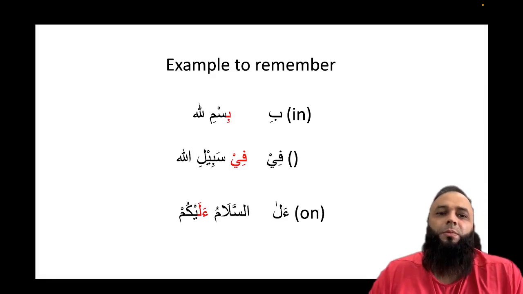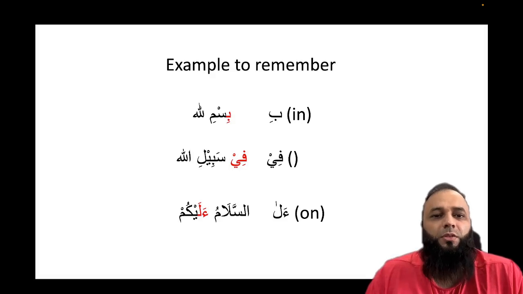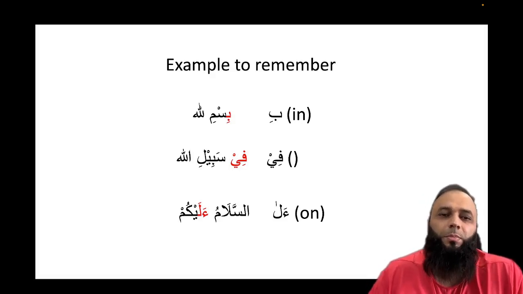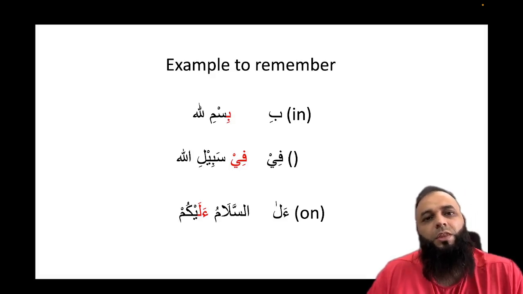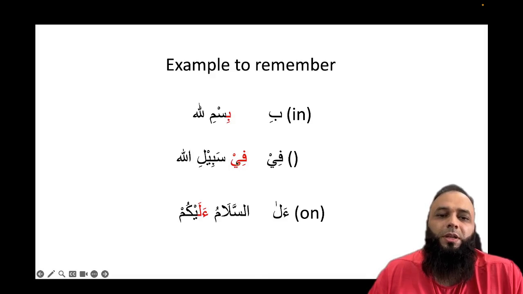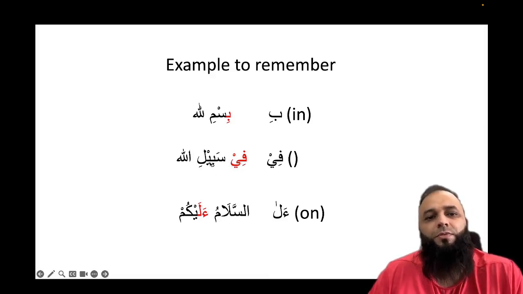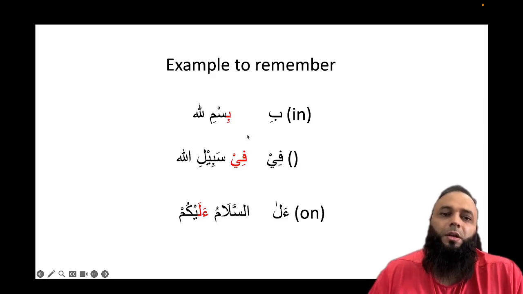Okay. So let's look at some examples which might help you to remember this. Bismillah. So Bismillah is in the name of Allah. So when you say Bismillah, bi is in. So in the name of Allah, right? And then you have fi. So you also say fi sabilillah, which means in the way of Allah. All right.